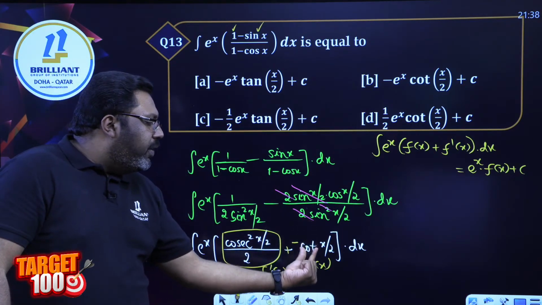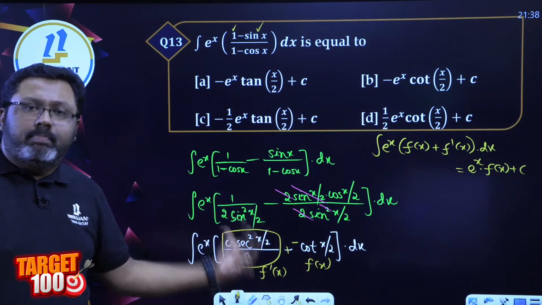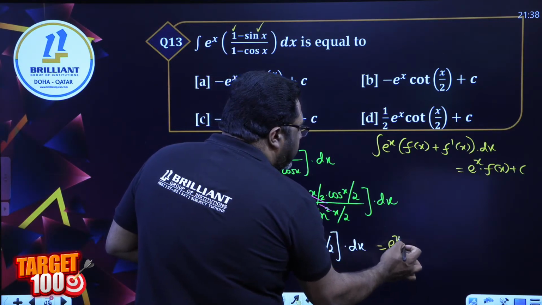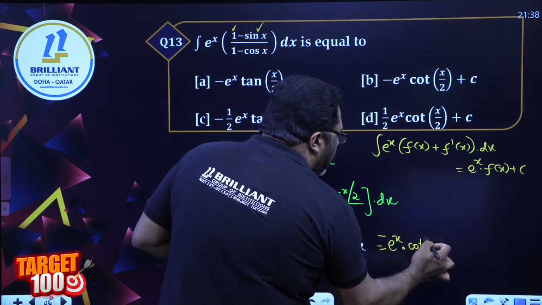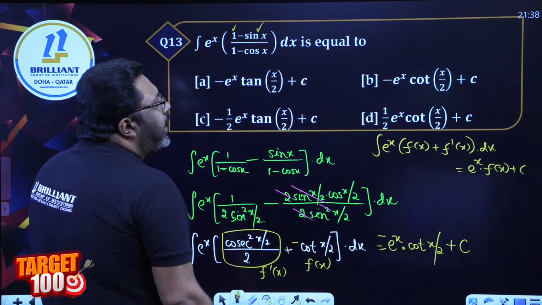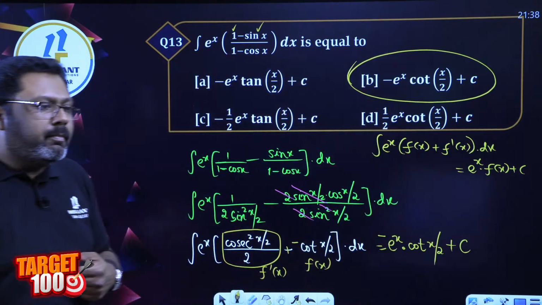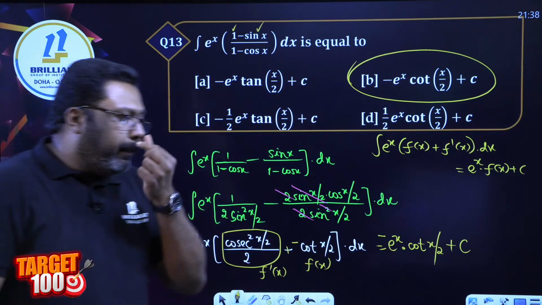So definitely the derivative of minus cot x by 2 should be cosec squared x by 2 by 2. Okay, so the answer is e raised to x into f of x, which is minus cot x by 2 plus c. So minus e raised to x cot x by 2 plus c. Option B, minus e raised to x cot x by 2 plus c.